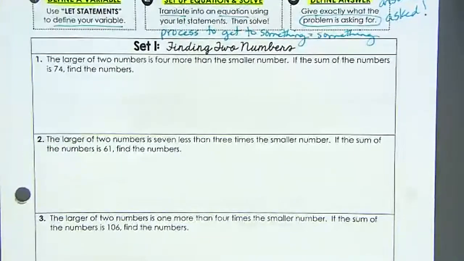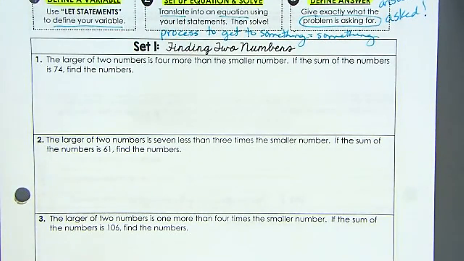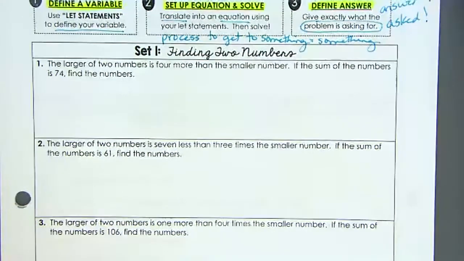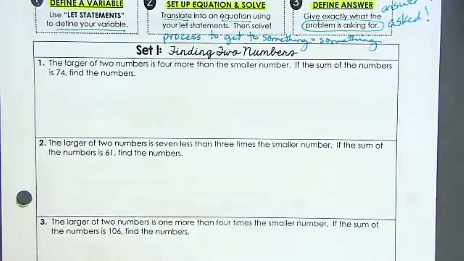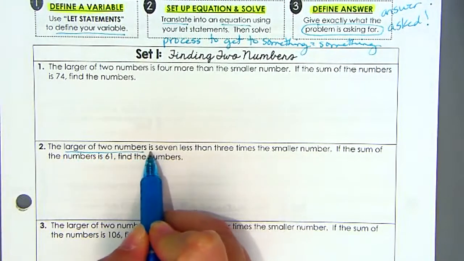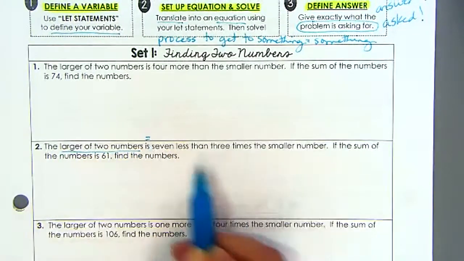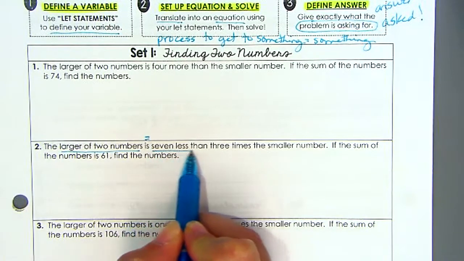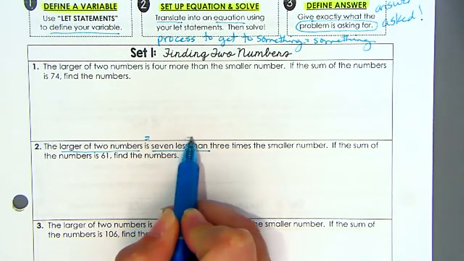Okay, we're going to jump to number 2, because if you can do number 2, then you can go back and do number 1. All right, so it says the larger of two numbers equals probably 7 less than. Less than means subtraction.